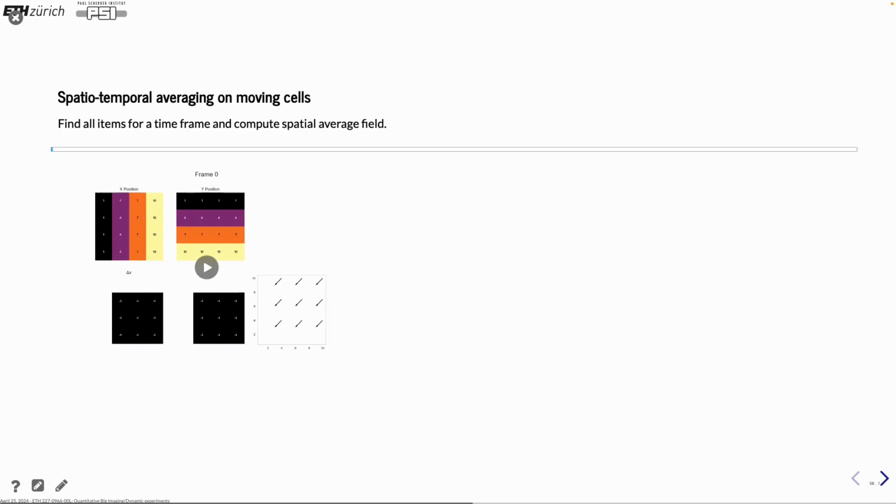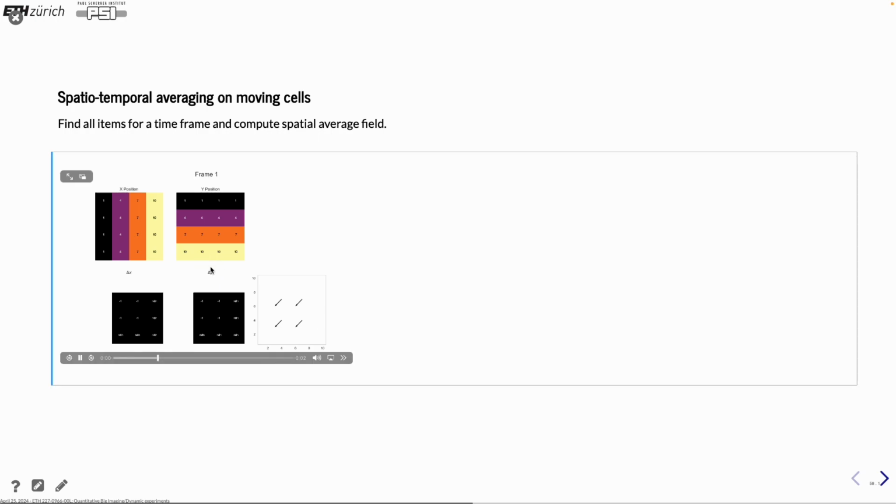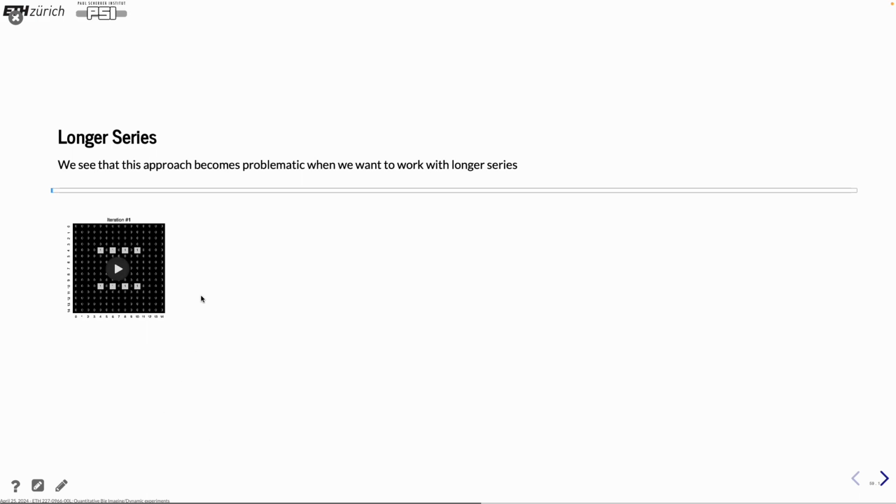Here's an example where we have some moving cells, and you can see how they are moving. The vector field here is averaging for the different time steps in both time and space. And there we have a longer series that is a bit more complicated.